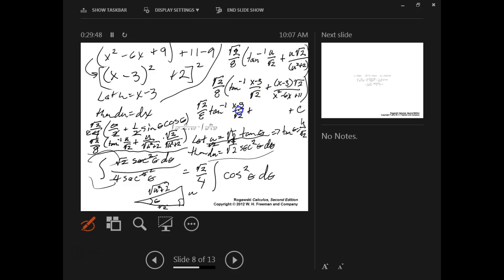Plus, and then multiplying that through, that would be 1 over 4, so it's x minus 3 over 4 times x squared minus 6x plus 11, plus c. Okay, so that was one advantage of leaving the root 2 in the denominator. You cancel it out over there. So let's see what we got. x minus 3 over 4 times x squared minus 6x plus 11, plus c. Got it. Make sense?